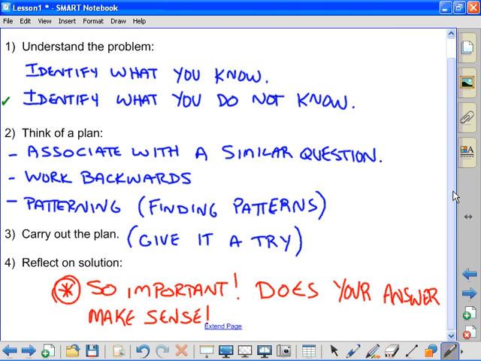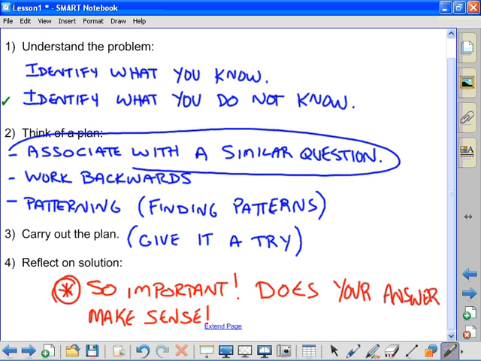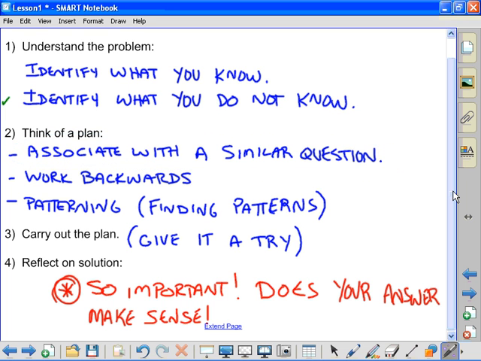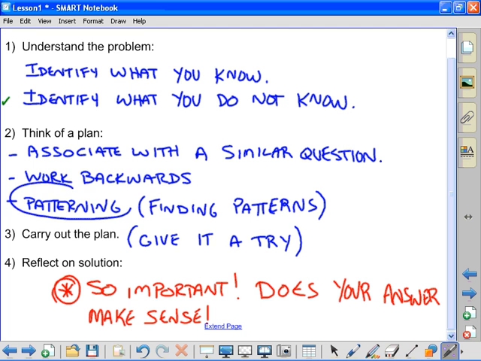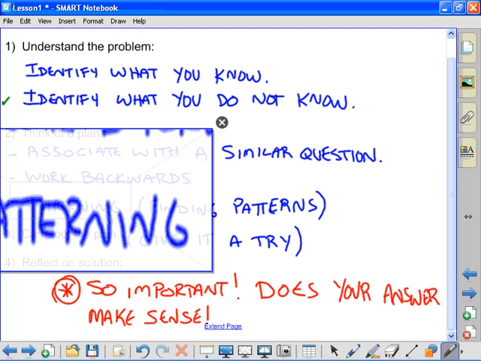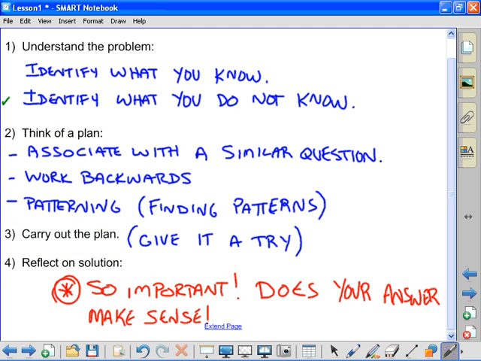Like I said, there's no recipe anymore, so it's very important that you do your notes and your homework, because all of them contribute to different types of questions. You need to associate it with a similar question you've done. Working backwards sometimes will help. And patterning: find a pattern in the system, and it'll help you out.